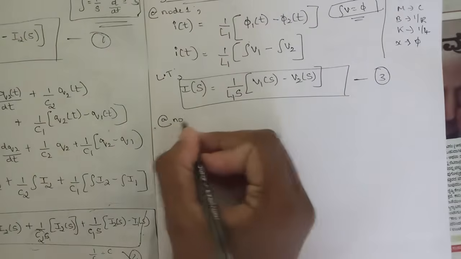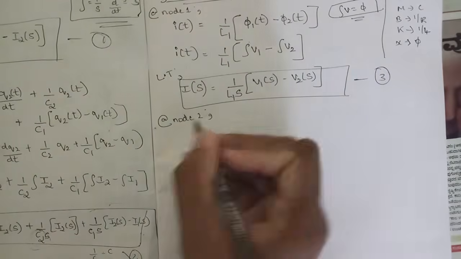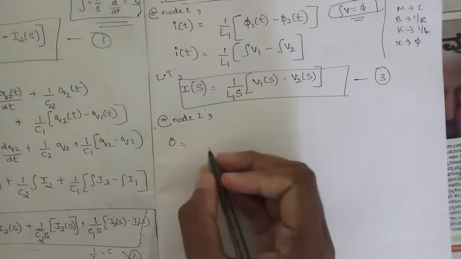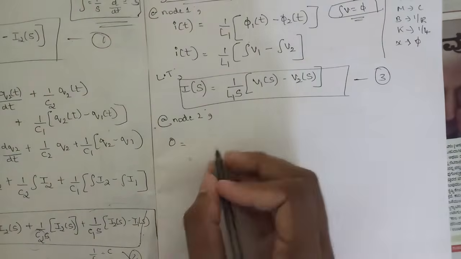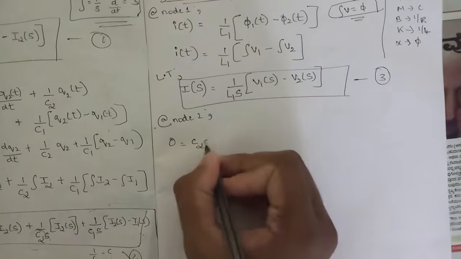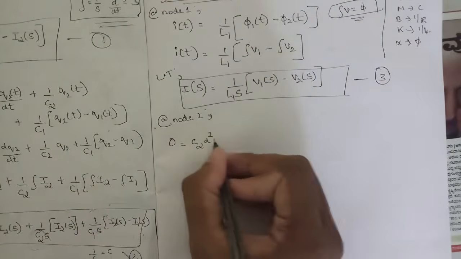Now at node 2, similarly, what we need to do? Since force is equal to 0, it would be 0 here. M is replaced by C, so we had M2, so it would be C2 into d square x2 by dt square.